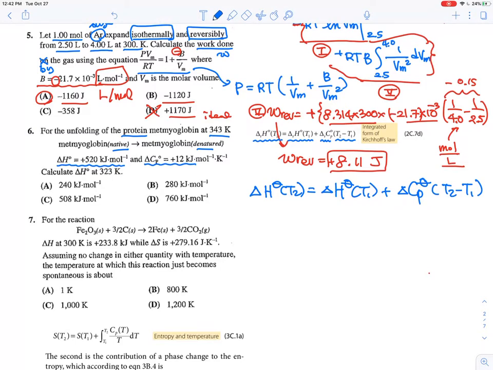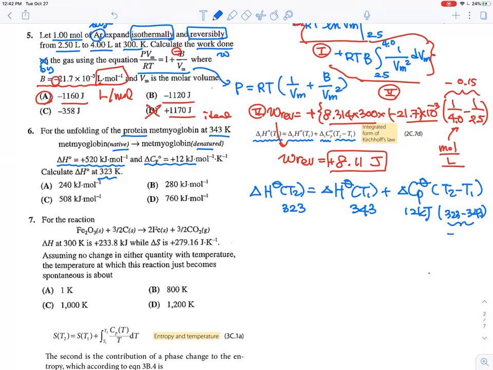And so now it's asking us, T2 is 323, T1 is 343, and the Cp is a plus kilojoule, and the delta T is 323 minus 343.